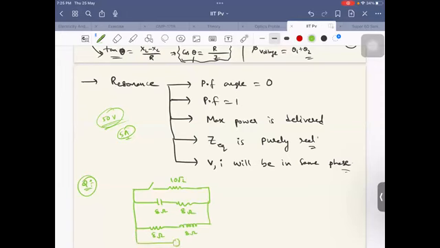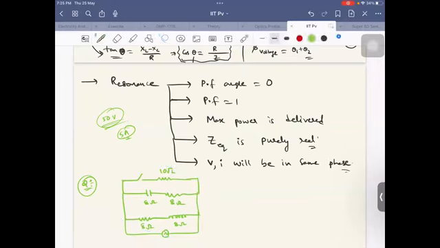And here there is a source. The source voltage is given as 80 root 2.